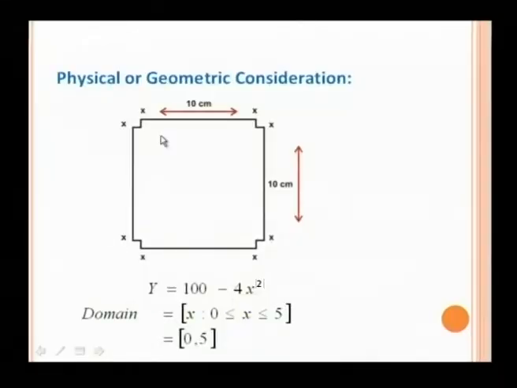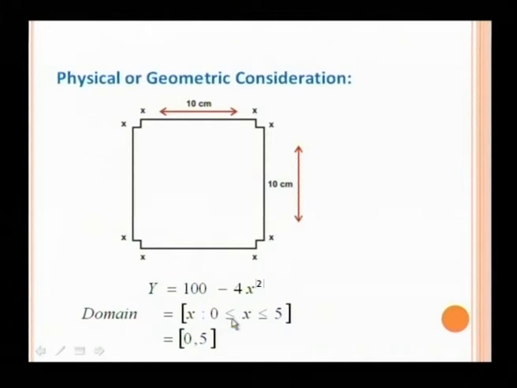If we consider a square figure which is having length of 10 cm on each side, so by cutting an x value on each side, we get the final function equation as y is equal to 100 minus 4x.